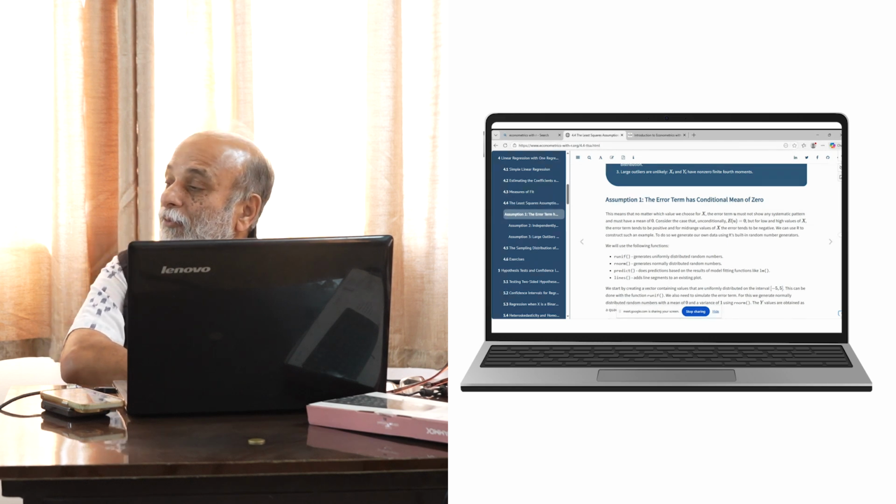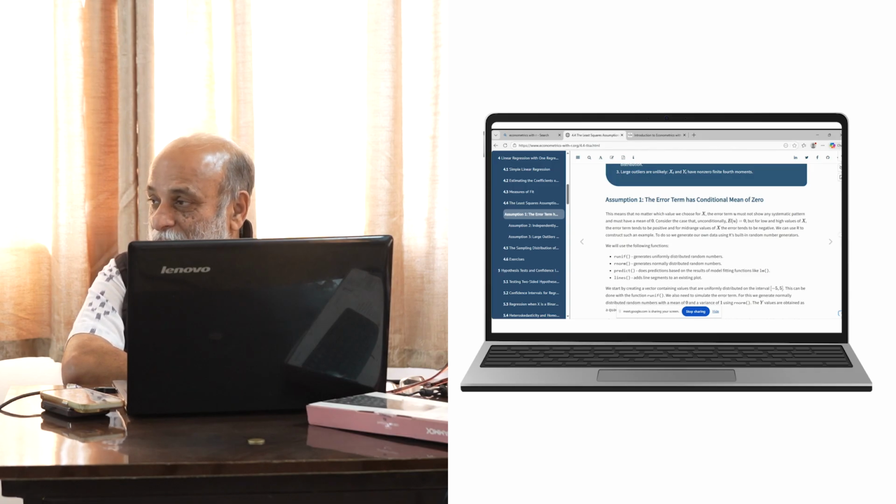In the example of our children and their weights, the average weight of a 3-year-old is 7 kilos, and if you have 10 3-year-olds in the sample, not every 3-year-old will weigh 7 kilos.